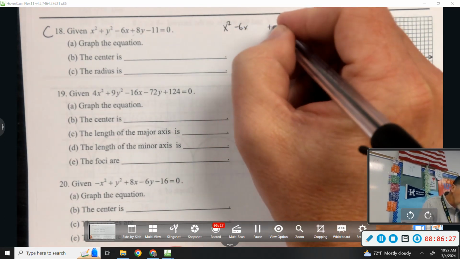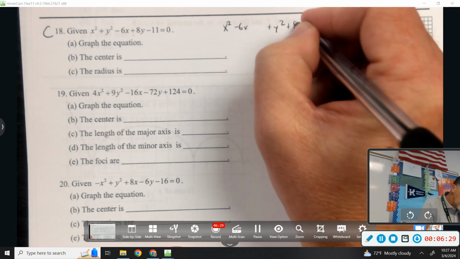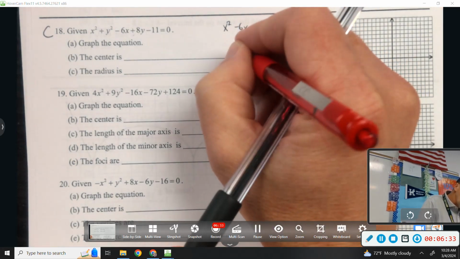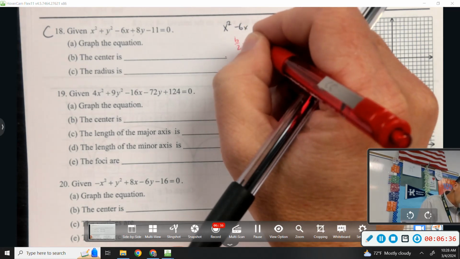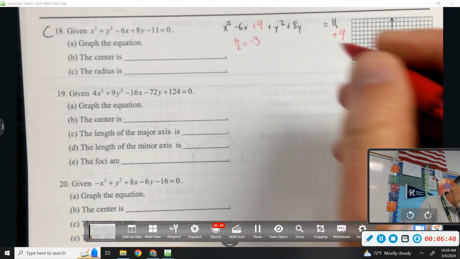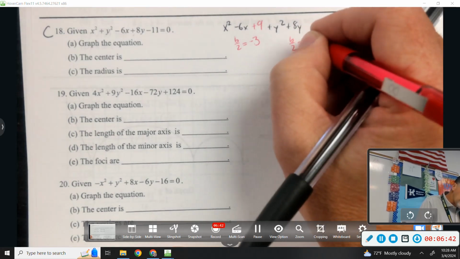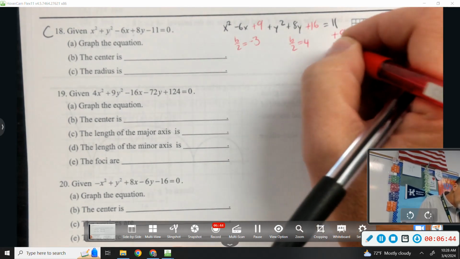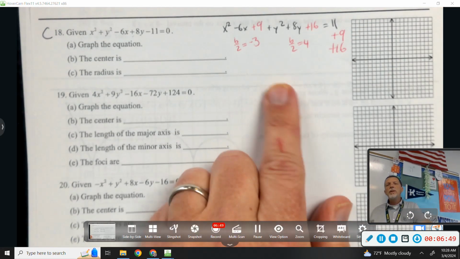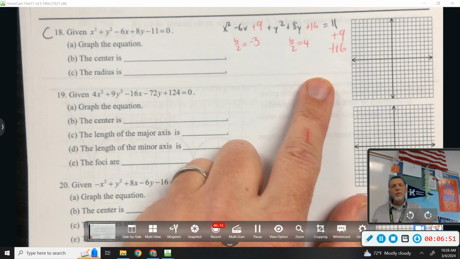We'll complete the square. Half of negative 6 is negative 3, so we'll add 9 to both sides. Half of 8 is 4, so we'll add 16 to both sides. Be careful, that's the easy one when completing the square.